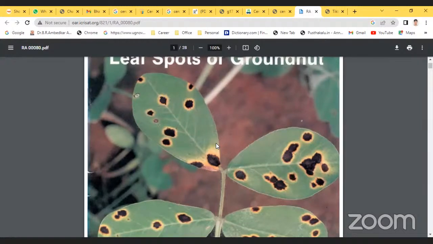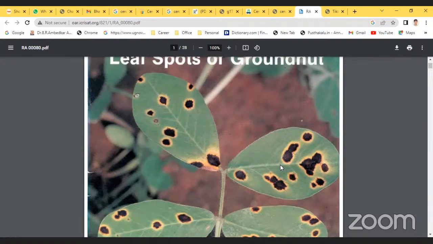So the spots produced by Cercospora personata and Cercospora arachidicola are irregular to circular. These are much bigger in dimension. How do they look? Very big in size. Day by day it increases.